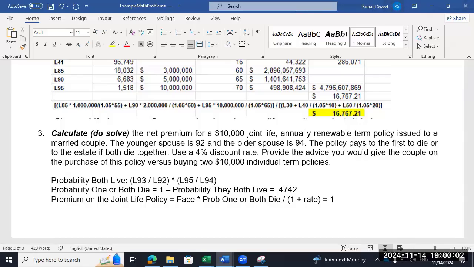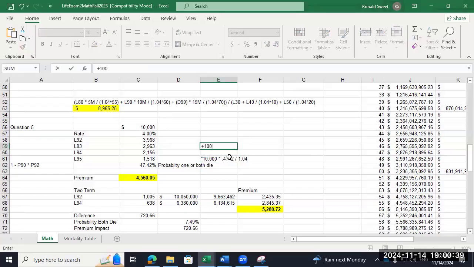So here you get $10,000 times 0.4742 divided by 1.04, plus 10,000 times 0.4742 divided by 1.04. You get that number. If you don't round, you get this number.